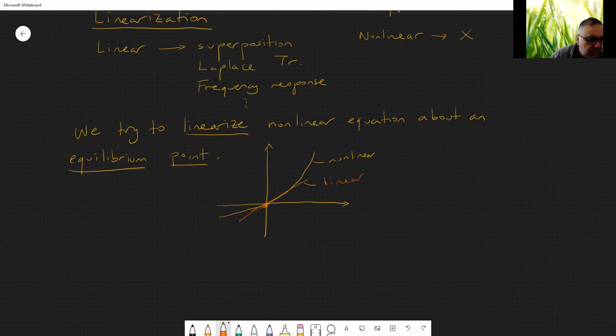But is it valid? Well, yes, around this point, it is quite okay. But as you get farther from the equilibrium, it becomes invalid. Let's say this is U, this is Y, input and output. Essentially, what we are doing is trying to pass a straight line through this curve, actually, nothing more than that.